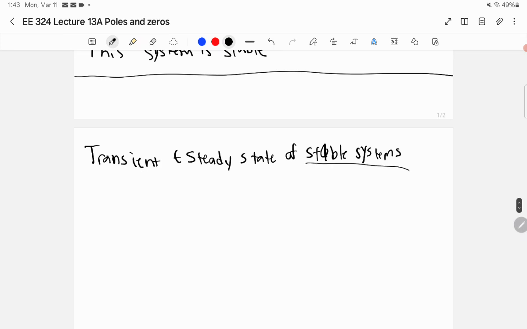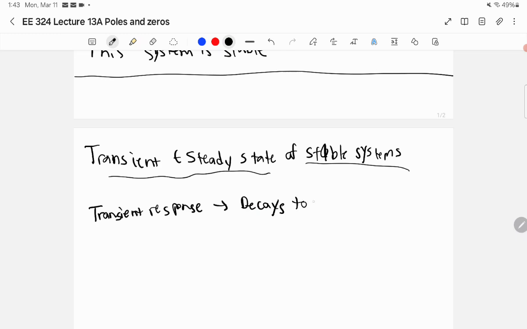And if they are stable, then we can start talking about the transient and the steady state. The transient response decays towards 0 as t goes to infinity.